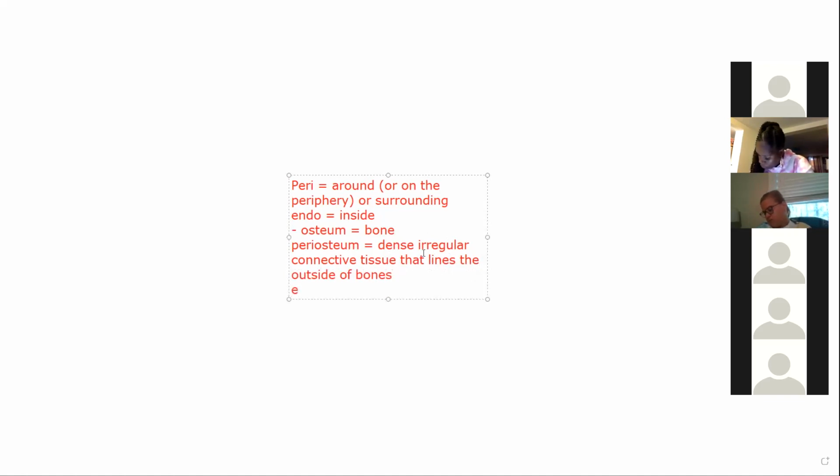Endosteum is dense, irregular connective tissue that lines the inside of bones.